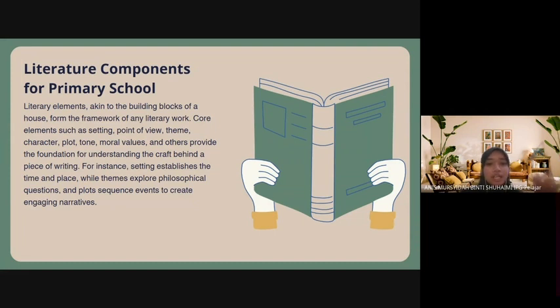For instance, setting establishes the time and place, while themes explore philosophical questions and plots sequence events to create an engaging narrative. So, do you remember what kind of literature component we had back during our primary school?